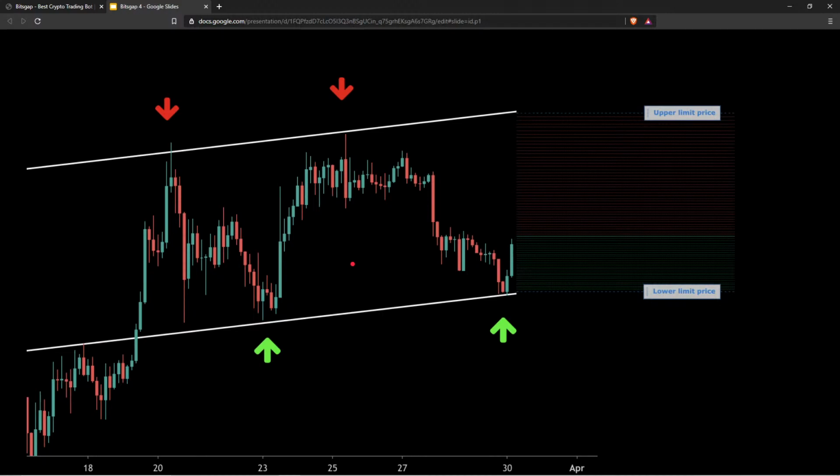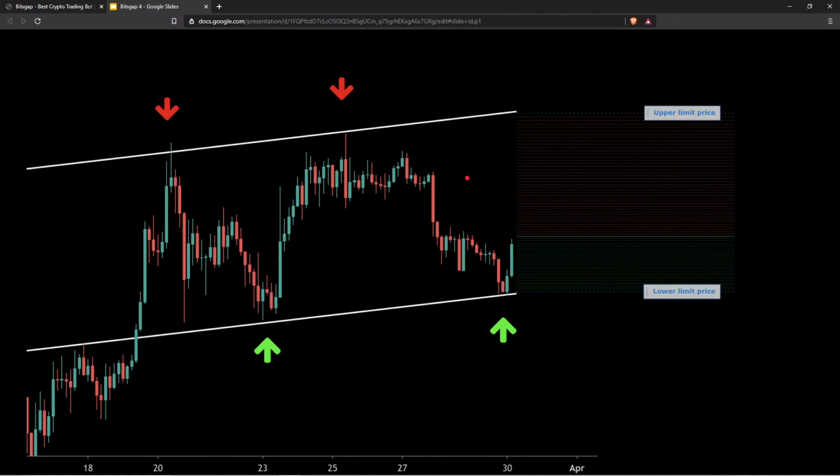It's not 100% guaranteed. It's just what we have based on the historical prices. So we spot these pattern formations and we estimate how many times it's been successful and how many times it has failed. So it can be the case that it will fail.